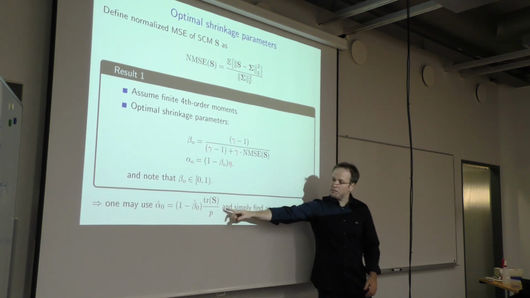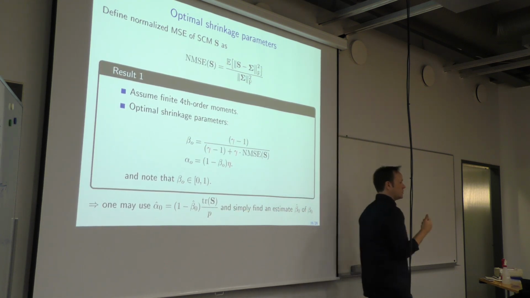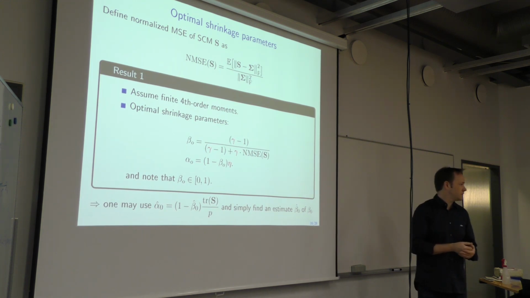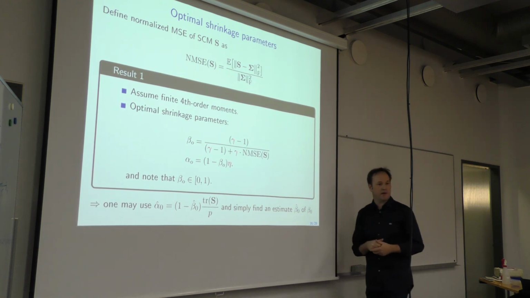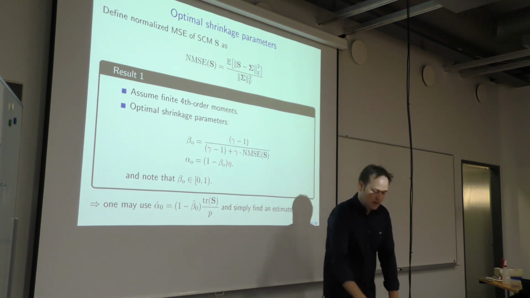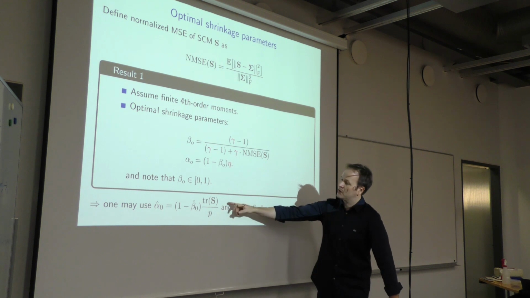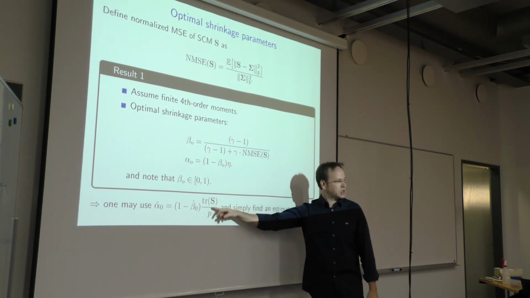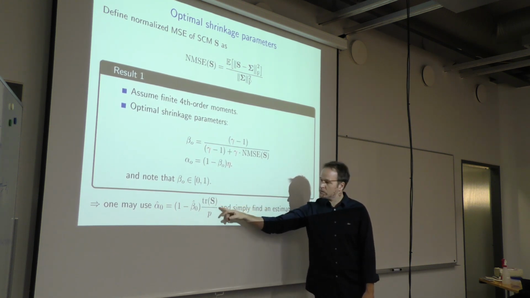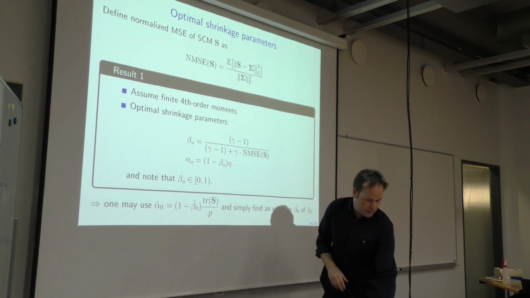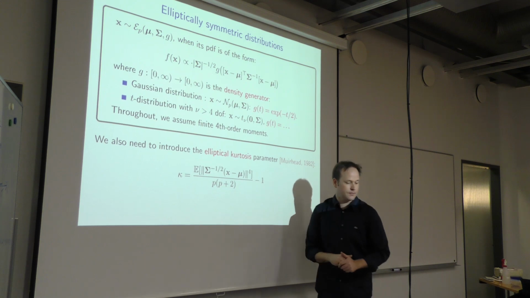So we have just one tuning parameter in this problem, and that's beta. That's good news, because now we have only one tuning parameter. So we only need to find that beta and just shrink optimally towards this scaled identity matrix, where the scale term is determined by the mean of the eigenvalues.